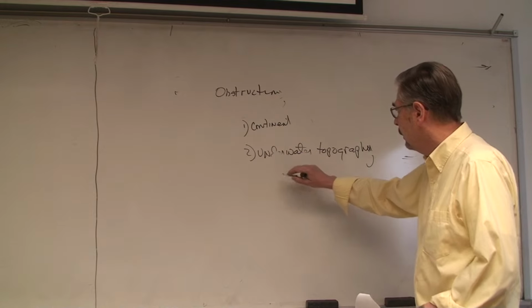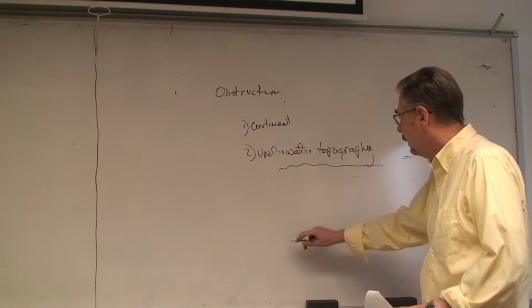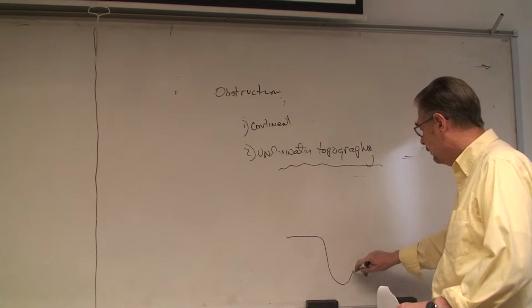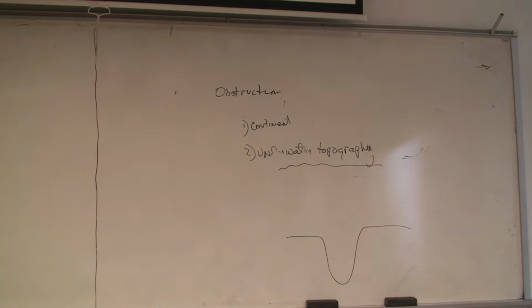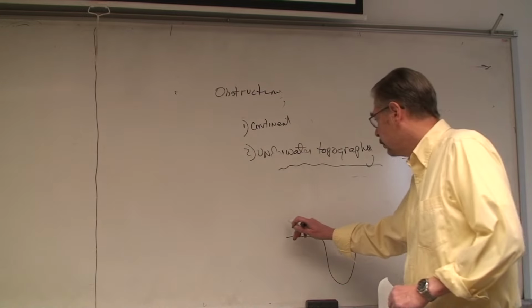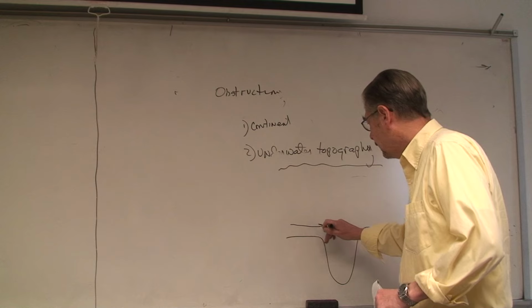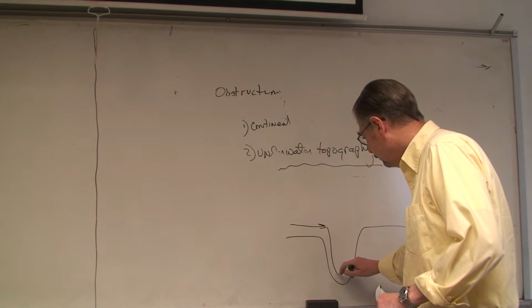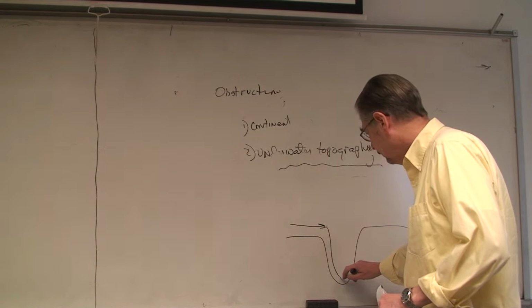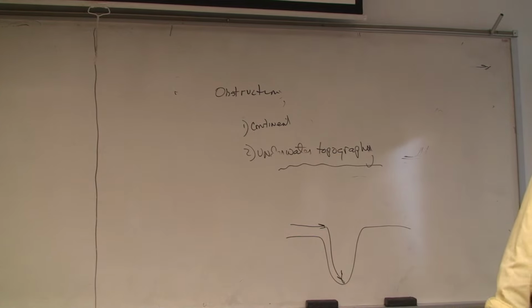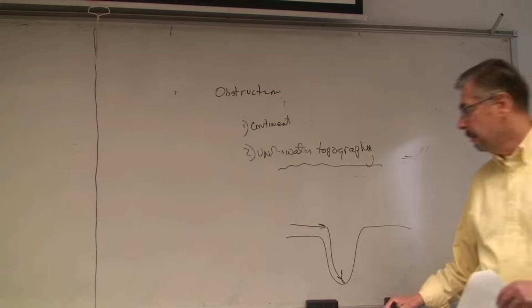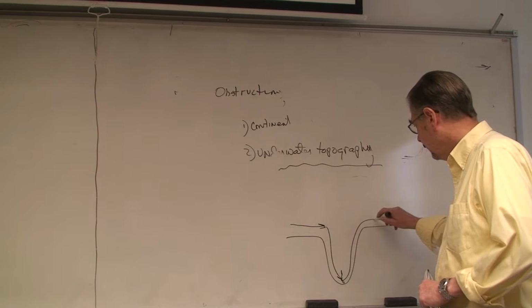For example, here we got the surface, here we got the bottom, and here is a canyon, a valley. If a current is moving along this way, when it gets to the valley, it's going to go down. Once it goes down, it's got to come up again, like this over here.